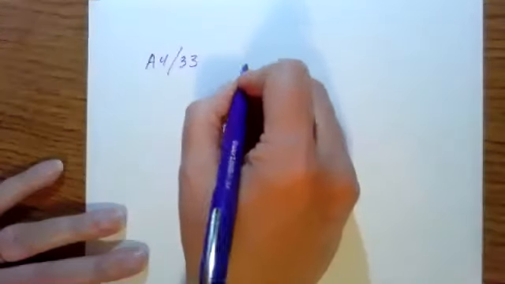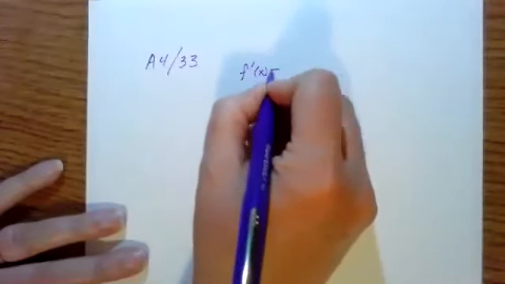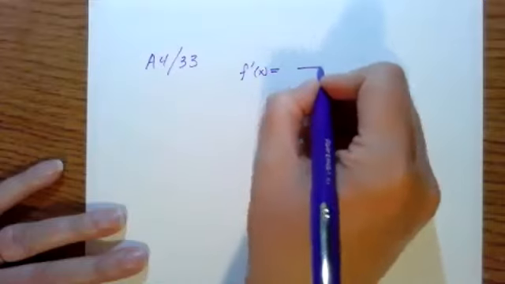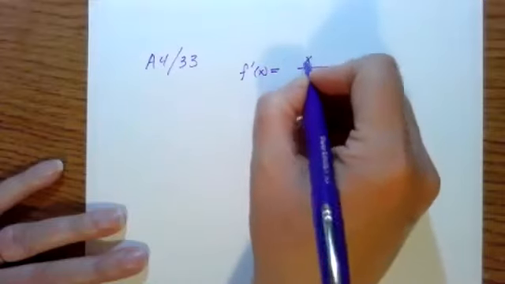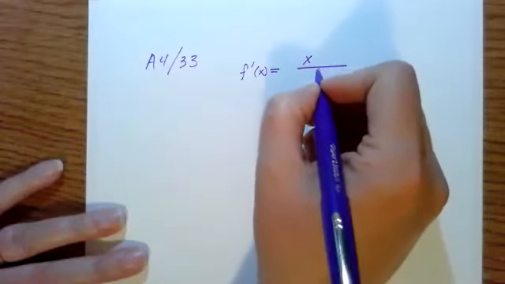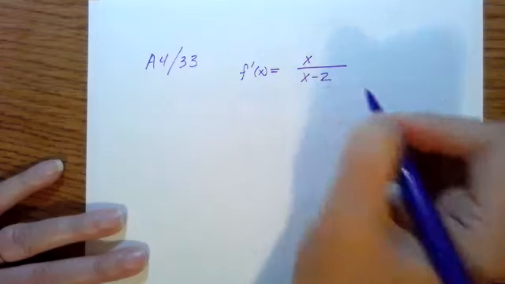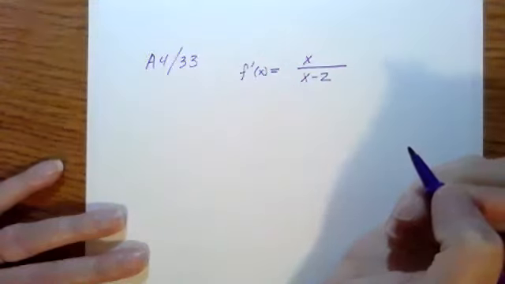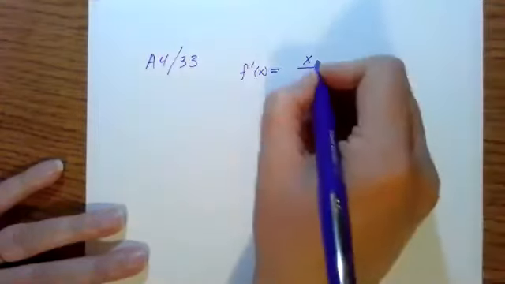F prime of x equals a fraction. On the top, it's x plus 1. On the bottom, it's x minus 2.